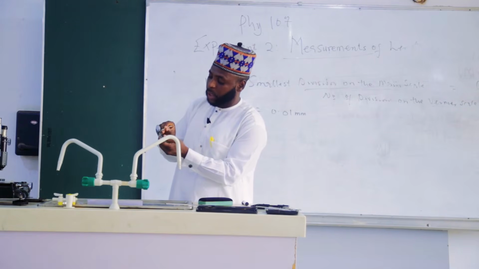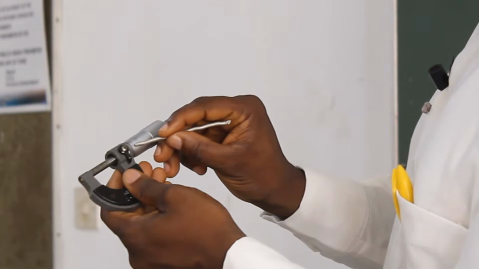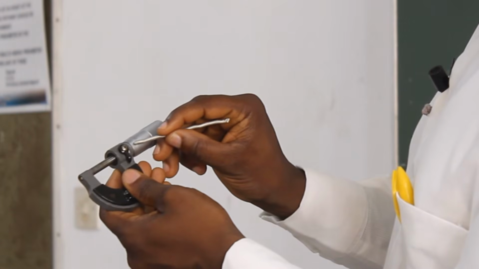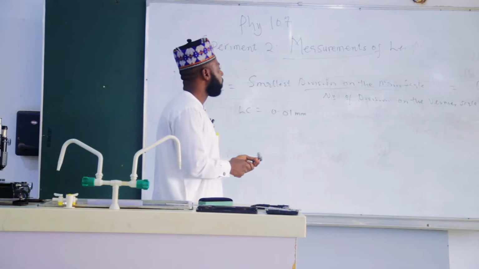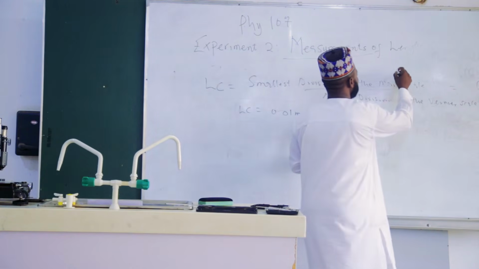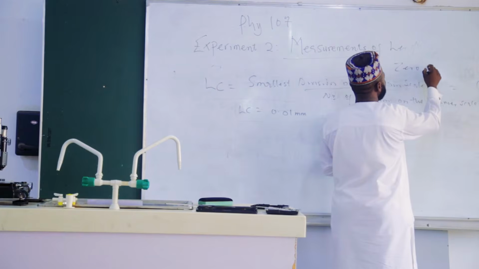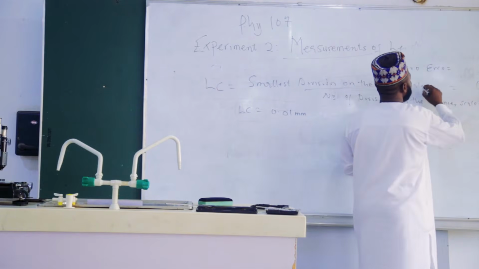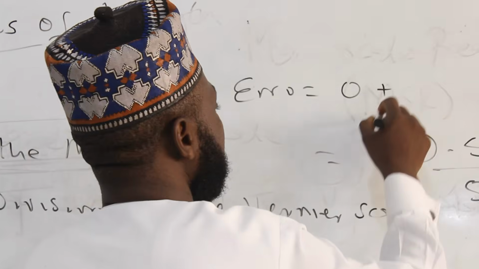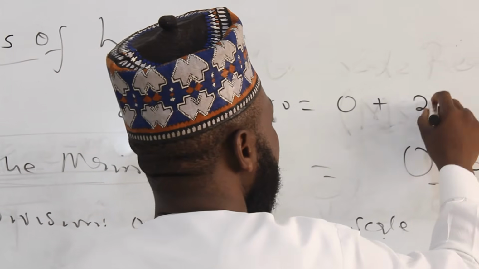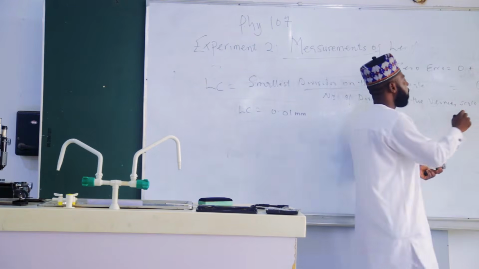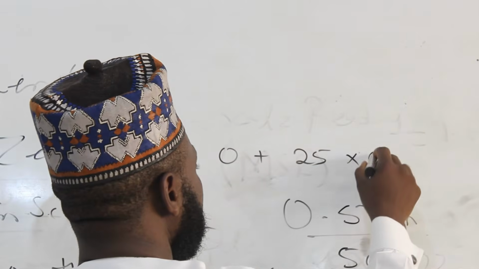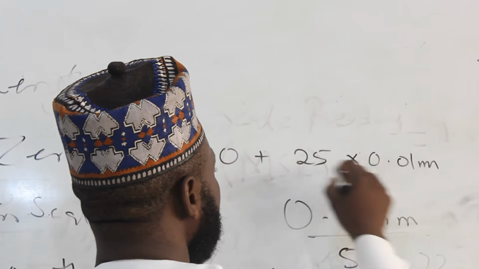So if we take our readings here, we have 25, 26, 27, 28. So the position we have on our vernier scale, our zero error, is going to be 0 for the main scale plus 25, which is the position on the vernier scale, multiplied by the least count, which is 0.01 millimeter.